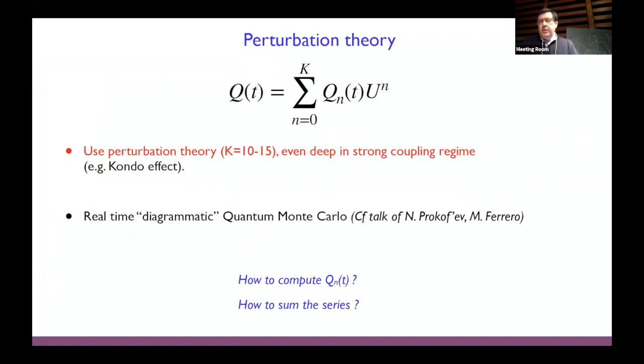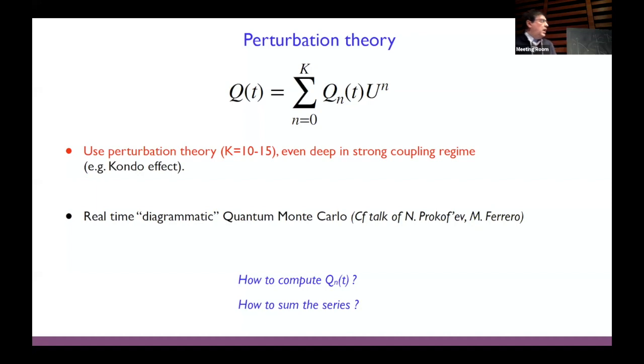So the idea is deceivingly simple in some sense. What we are going to do is to take perturbation theory. Imagine you take a physical quantity Q, a function of time, and you expand it in powers of the interaction U. You have some terms here.